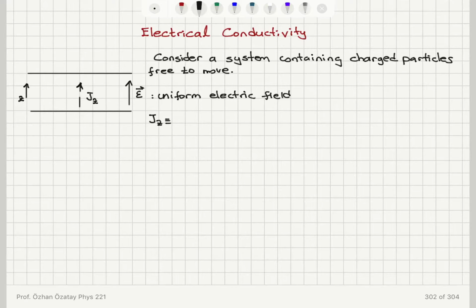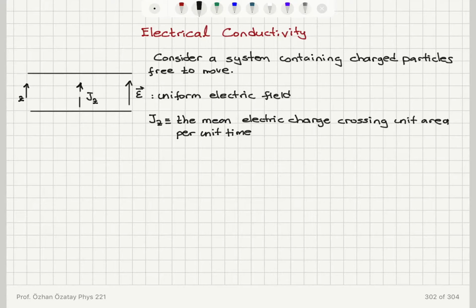Jz is the mean electric charge that is crossing a unit area per unit time, in the positive z direction.